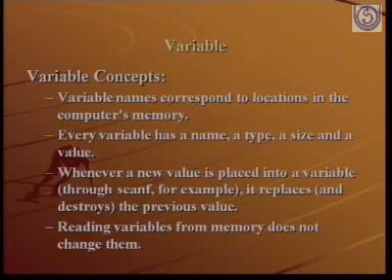Then the question arises: if I have a variable and I store another value in that variable, what will be the status of the value previously stored in it? Once you are accessing a memory location, you put some value there, and you have given a name to that memory location in terms of a variable name. Reading from that location causes no problem at all for the stored value.